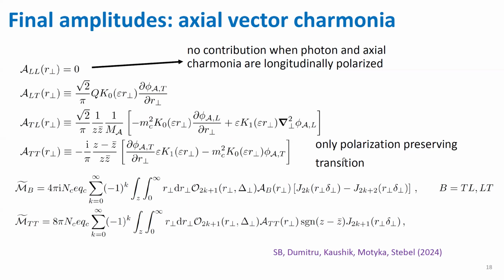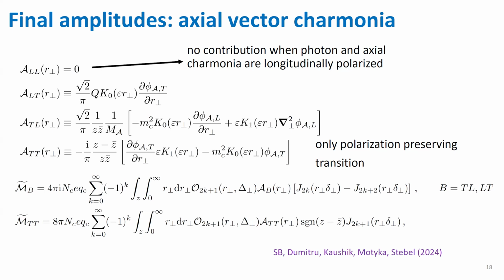And also in the transverse to transverse overlap, you only have the transition where the polarization is preserved. If the polarization of the photon and the axial quarkonia is opposite, then this contribution is also 0.